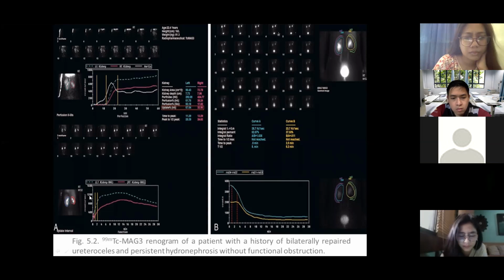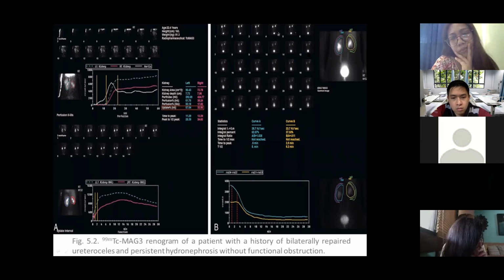In the lower half, we can also see an increasing radiotracer uptake and a delayed washout. Because of the delayed washout, IV furosemide of 40 milligrams was given.